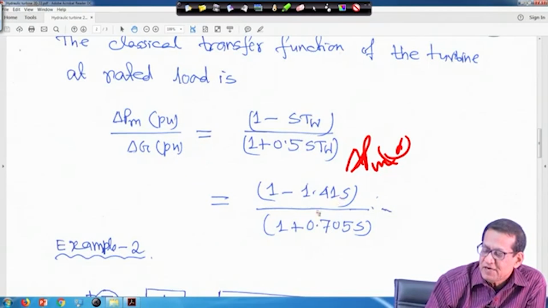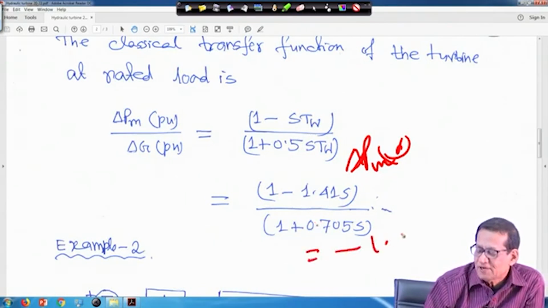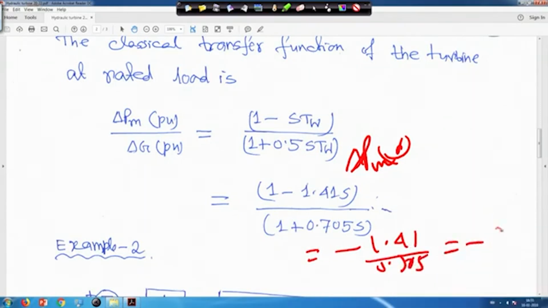If you divide numerator and denominator by S, it will be minus 1.41 divided by 0.705, same as before, minus 2. Similarly, by the final value theorem, when t tends to infinity, S tends to 0, it is 1.